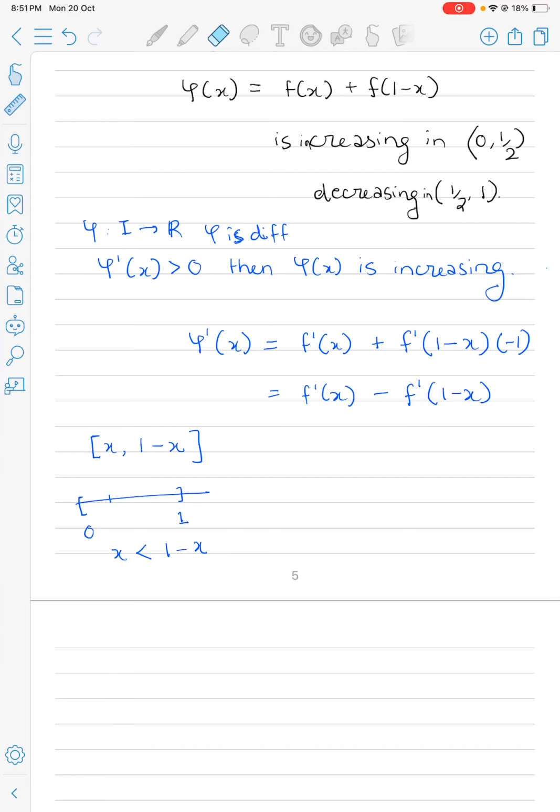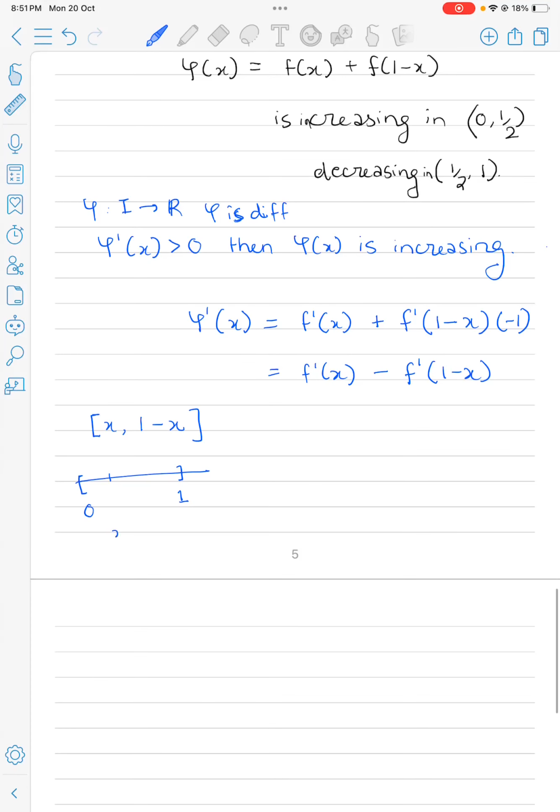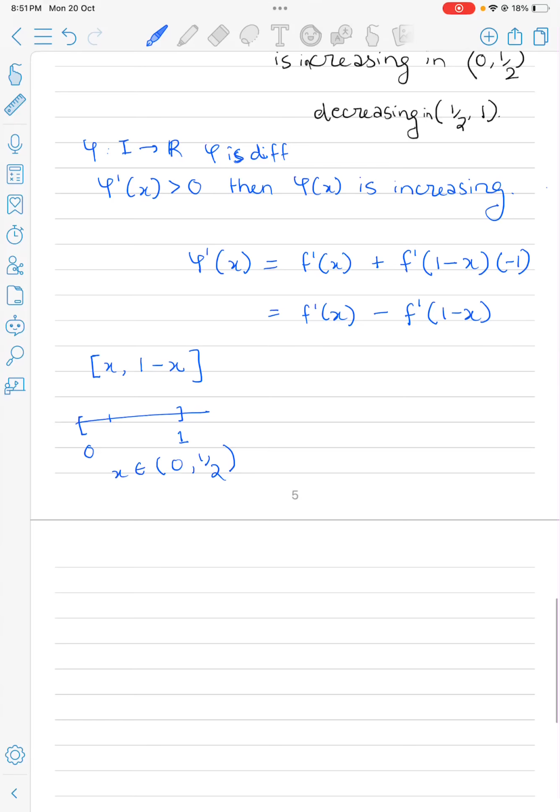If your x belongs to 0 to half, then x is less than half, which means 2x is less than 1, which means x is less than 1 minus x, right?